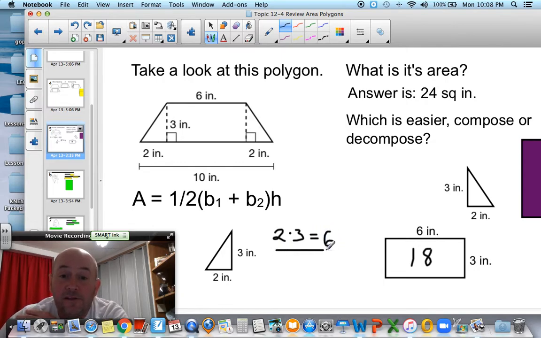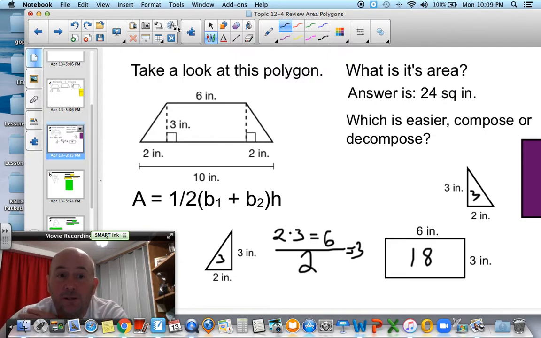And then divide by 2. Or, if you like, half the base times height, all right? But now we do 6 divided by 2 equals 3. So each one of these little triangles is 3. So if you have 3 and you have 3, you have 6. 6 plus 18 is 24.